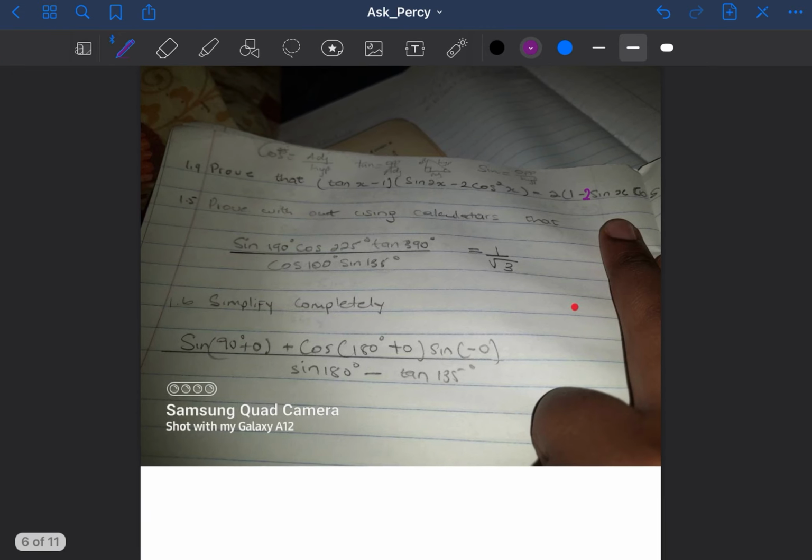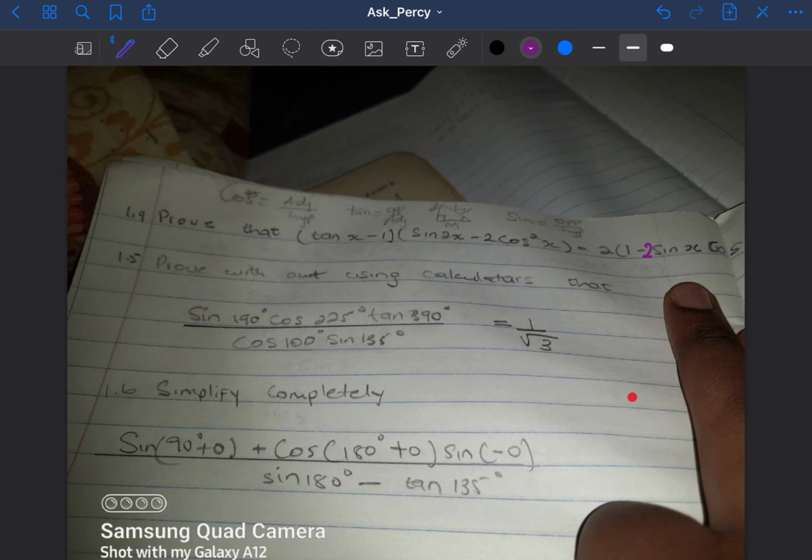Next question: prove without using a calculator that sine 190 degrees times cos 225 degrees times tan 390 degrees, over cos 100 degrees times sine 135 degrees, is equal to 1 over root 3.